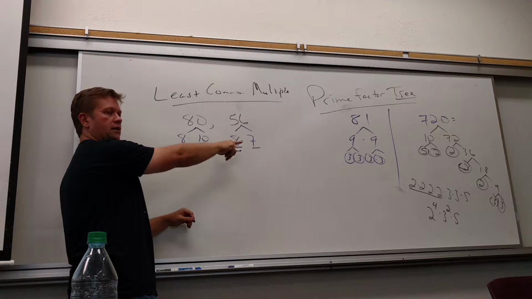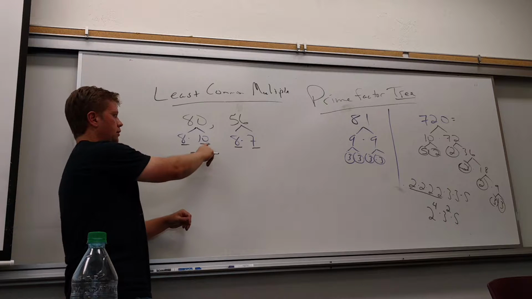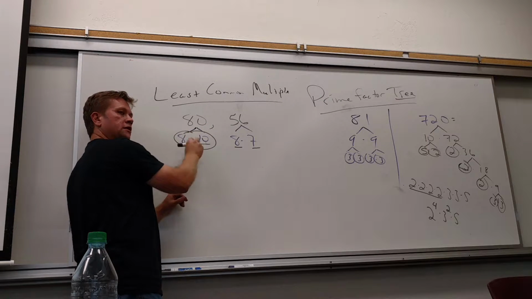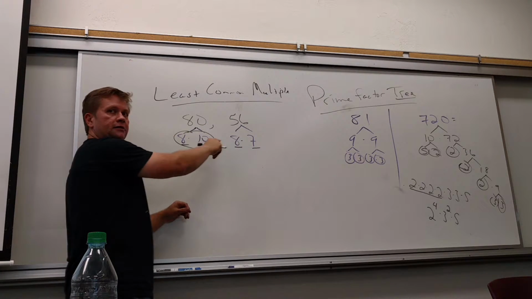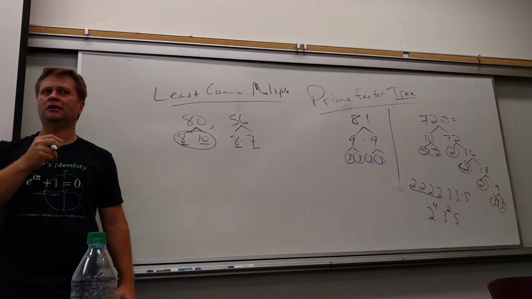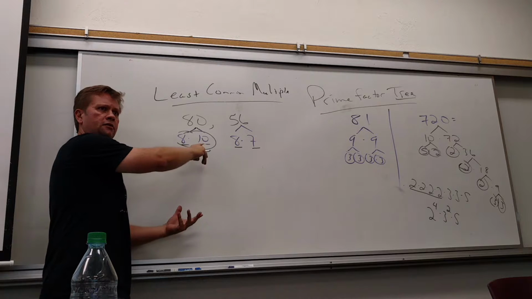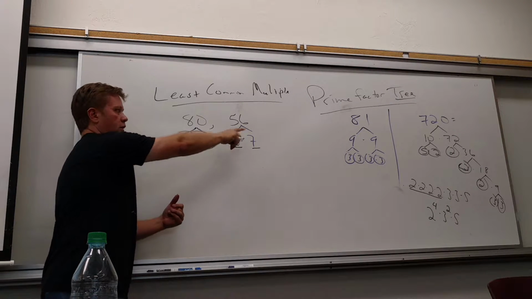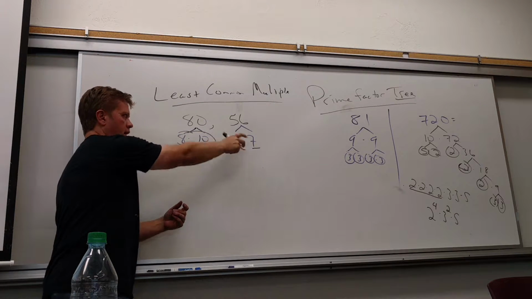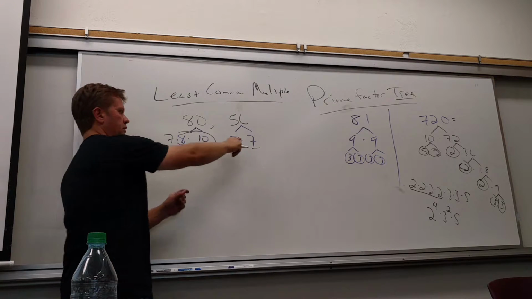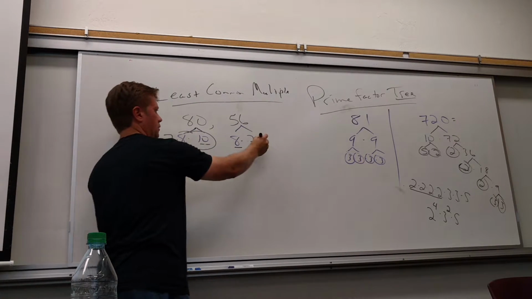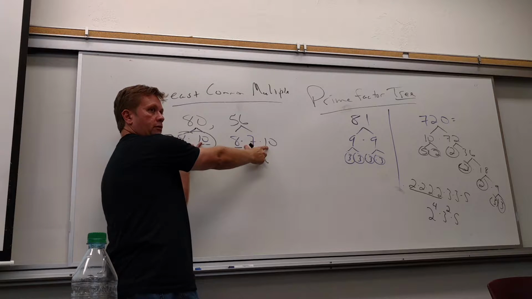So what's he missing that he's got? 10 and 7. He's already got a 10. What is this guy missing that guy has? A 7. Is everybody cool with that? He's not missing a 10. He has a 10. That's what he's missing. What's he missing that he's got? A 7. What's he missing that he's got? A 10. Do you see how now those are both the same number?